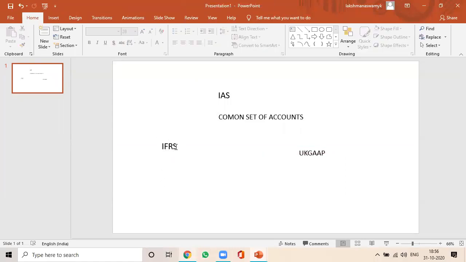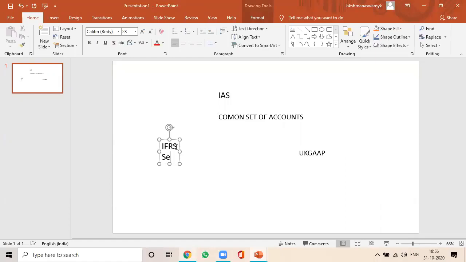Then for IFRS, you maintain separate GL accounts. Then for US GAAP also, you maintain separate GL accounts, exclusively for UK GAAP. Now, when you prepare your financial statements according to IFRS, right?